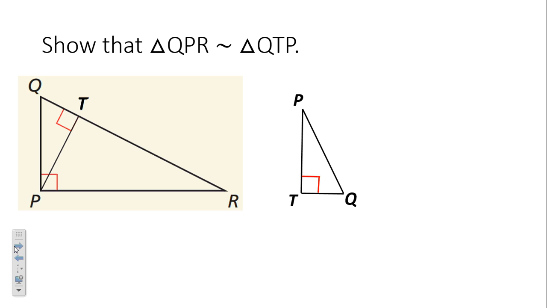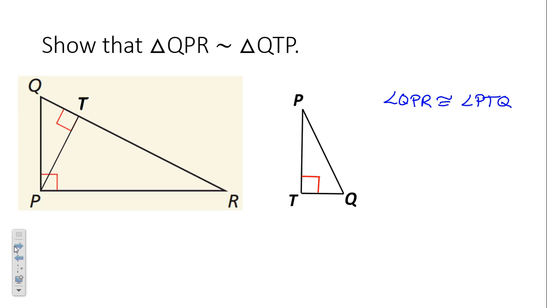This large angle at P, so angle QPR, is going to be congruent to what in that small triangle? PTQ. Because they're 90 degrees, right? Okay. So we know we've got one pair of angles congruent.